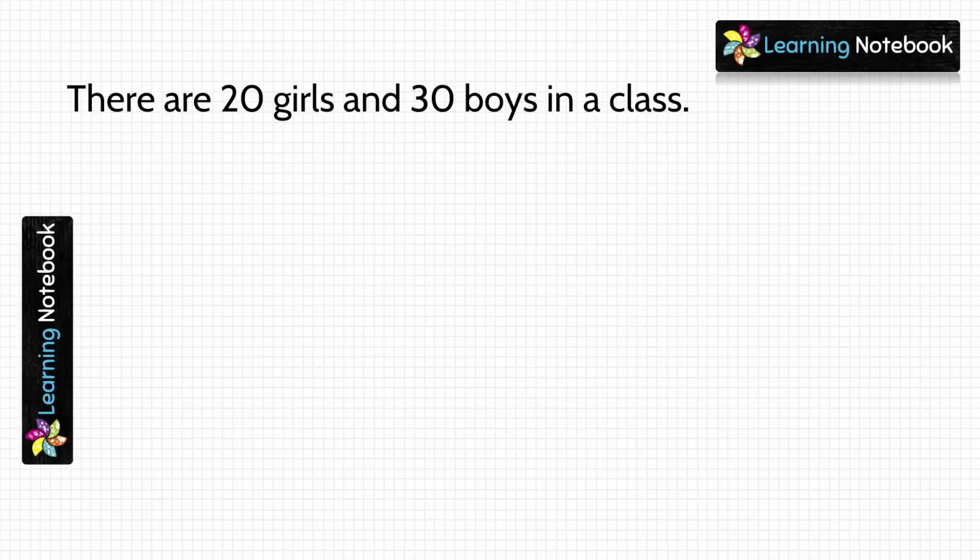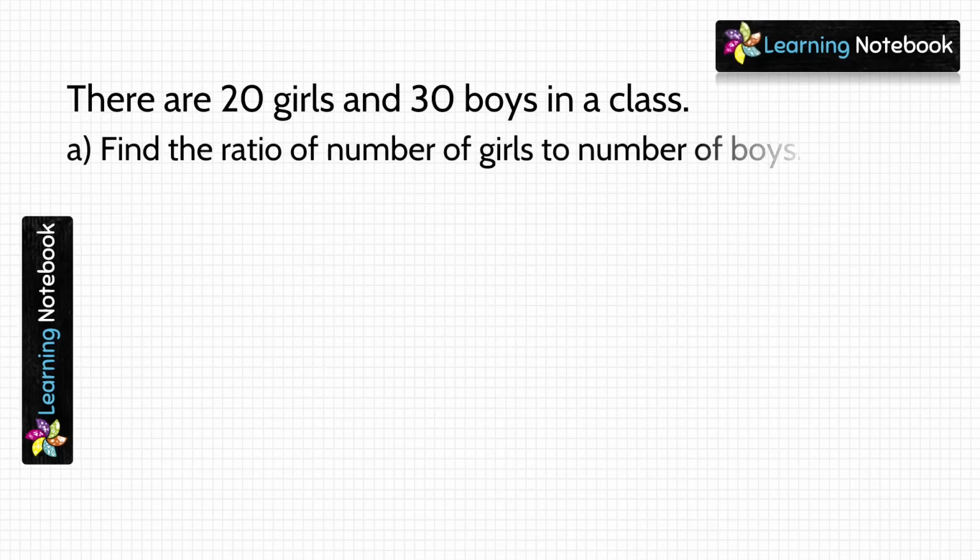Question 1 is, there are 20 girls and 30 boys in a class. A part is, find the ratio of number of girls to number of boys. So here we are given the number of girls as well as number of boys in a class and we have to find their ratio.